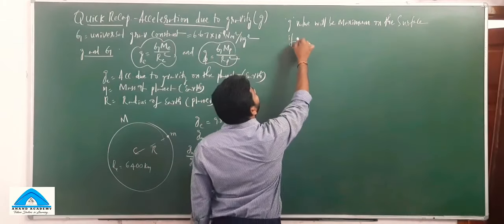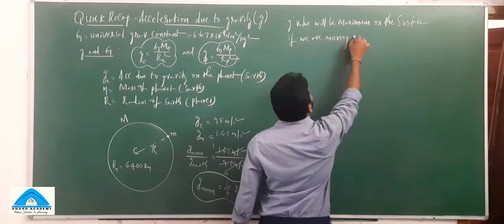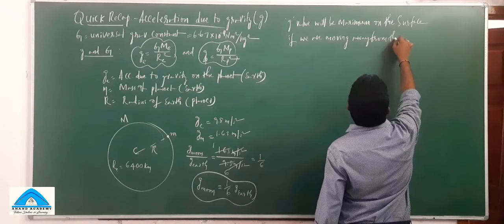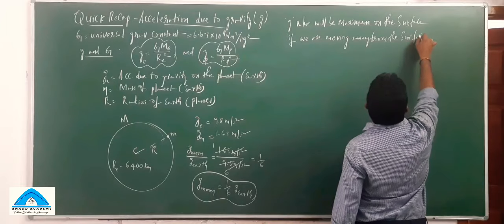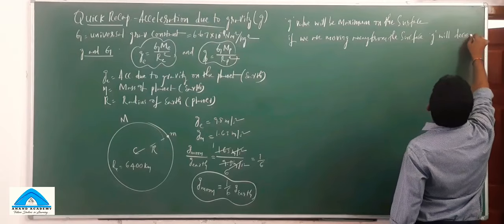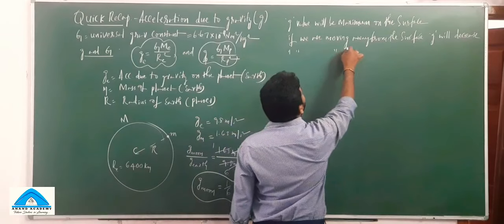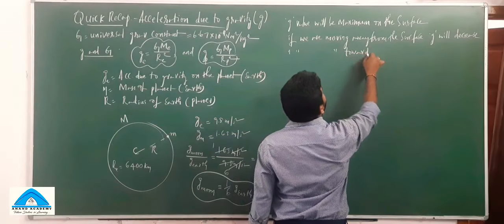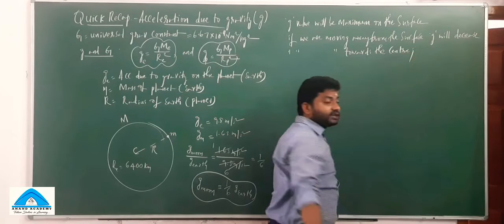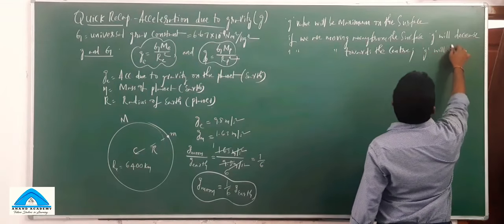So if we are moving away from the surface, small g value will decrease. In the same way, if we are moving from the surface towards the center, your G value will decrease.